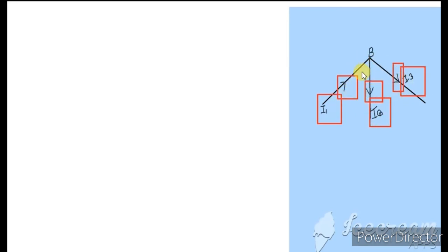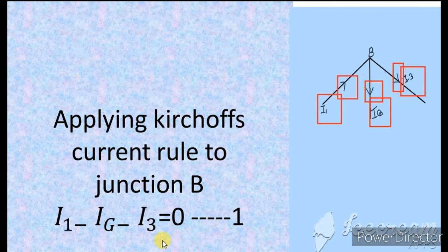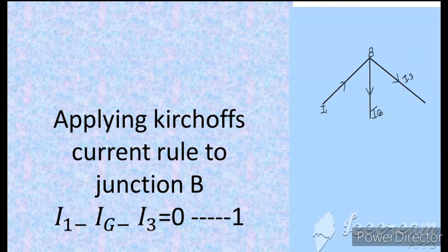Entering is positive, leaving is negative. So we can say plus I1 minus IG minus I3. So that is what is given here: I1 minus IG minus I3 equal to 0. This is the first equation which you have written. Yes, clear with this? This is a very important topic. Only if you know these equations from the first, you will be able to write this easily. So follow from the first itself.